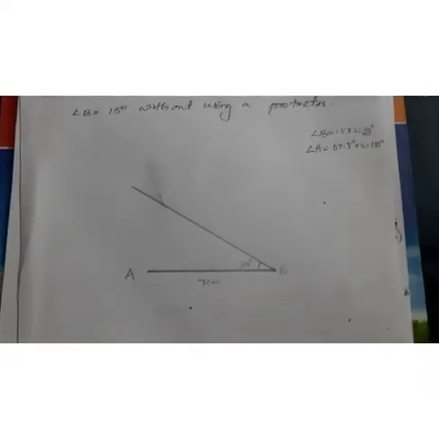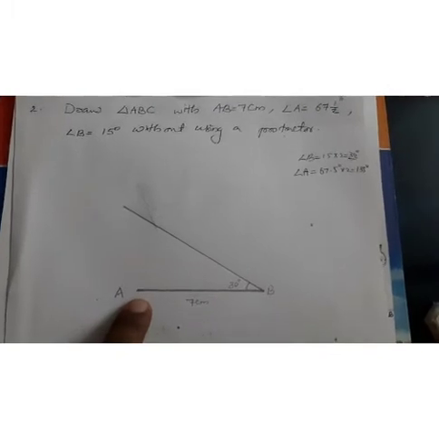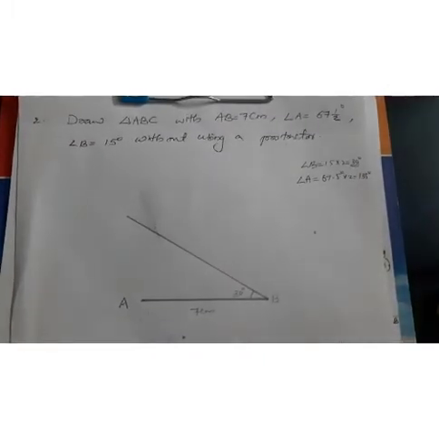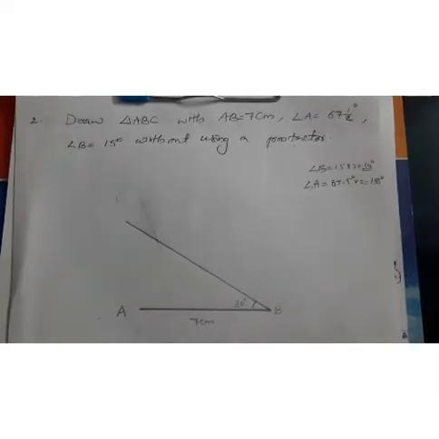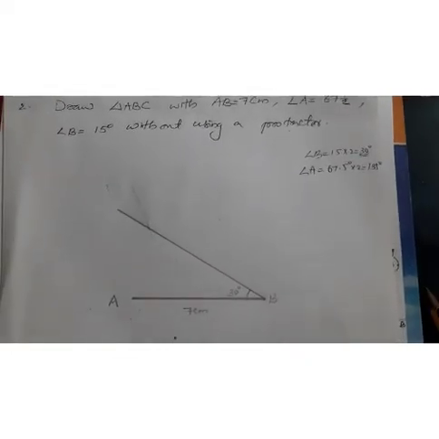Then using both the set squares, from A you have to mark 135 degree. For drawing angle 135, keep the smaller set square like this.